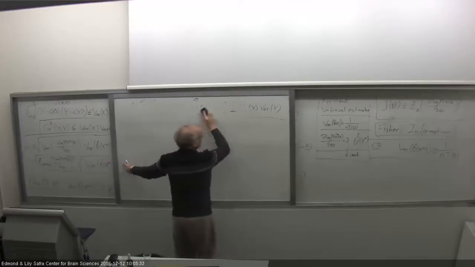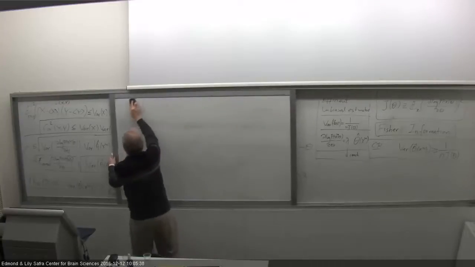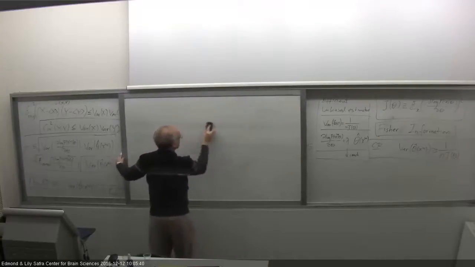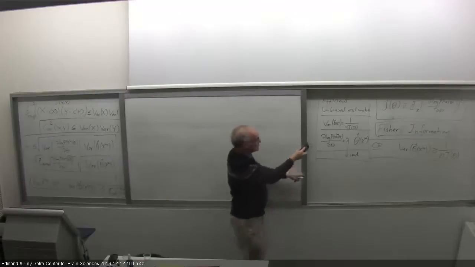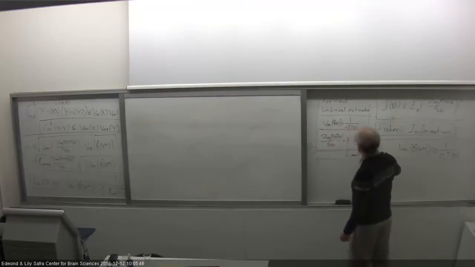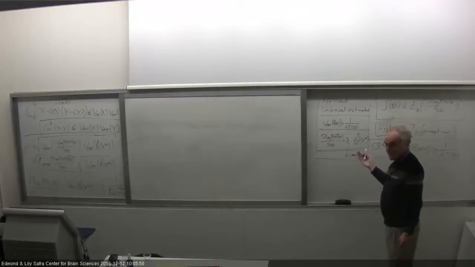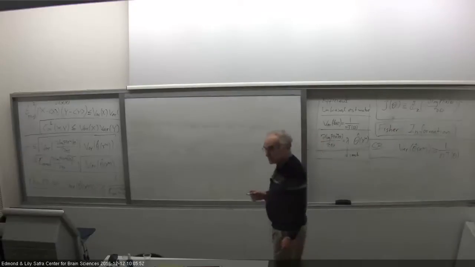Now, when we look for equality in the Cauchy-Schwarz bound, I said the condition is that these two vectors, as functions of x, are proportional to each other.